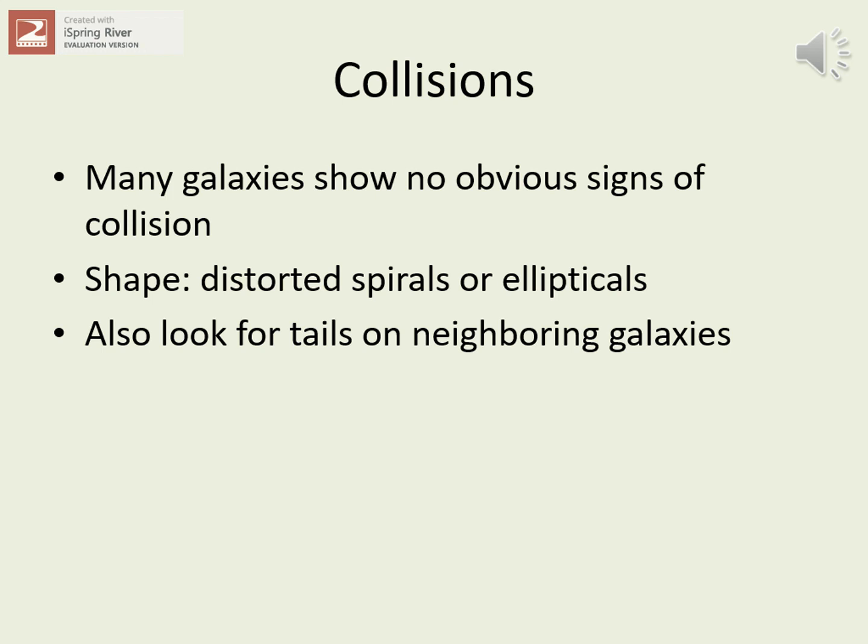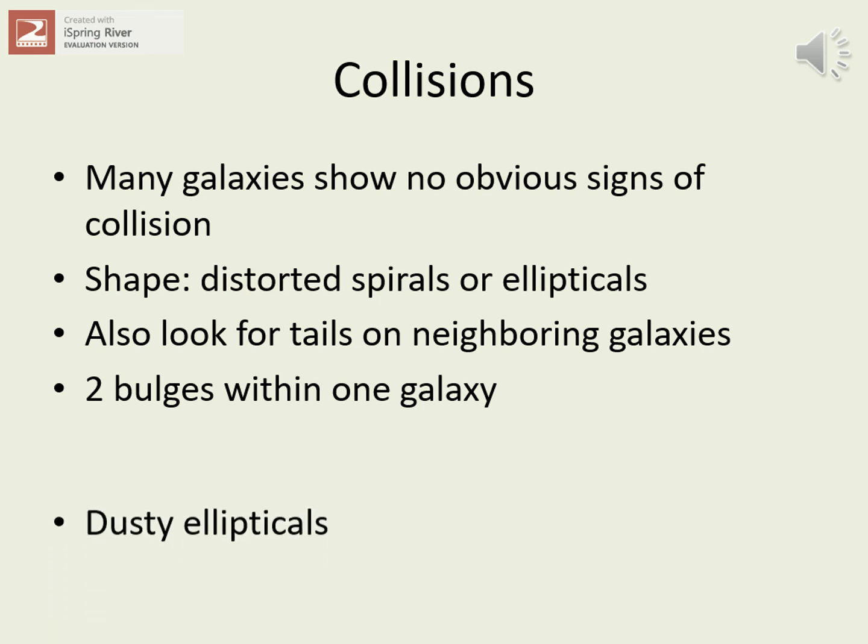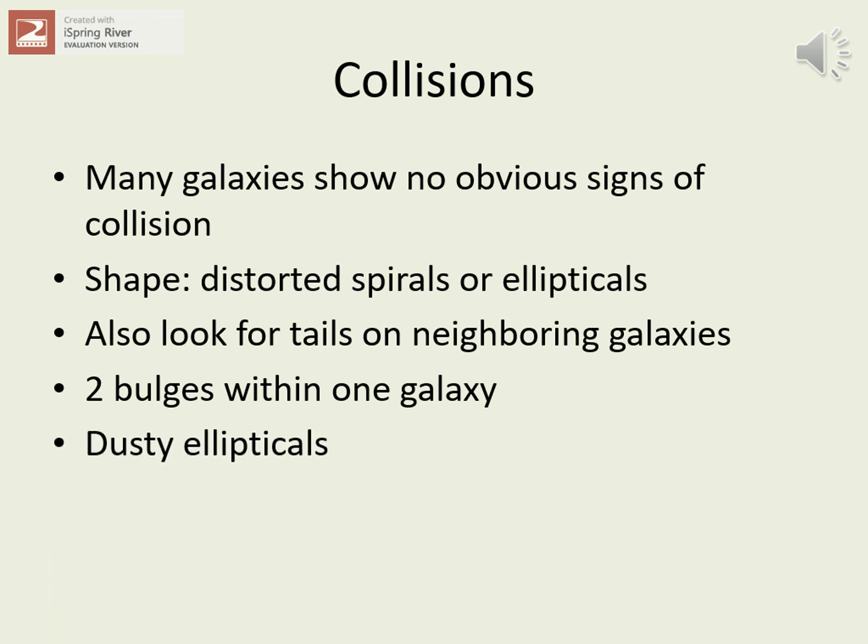Other indications of a collision are within the galaxy you're observing. Sometimes you can even see evidence of two bulges within a single large distorted galaxy, a clear sign that this is a recent merger of two galaxies. You might also see clouds of dust cutting across an elliptical galaxy, showing that it's had an encounter with something dustier.